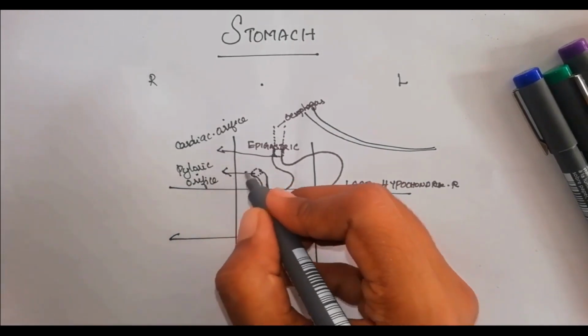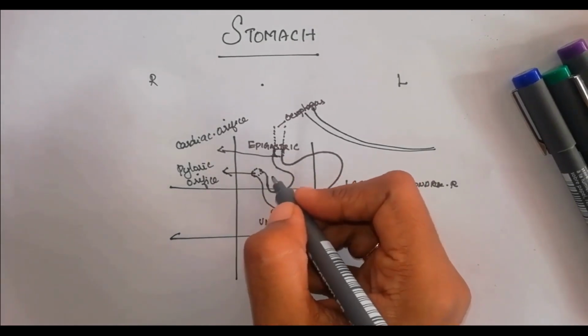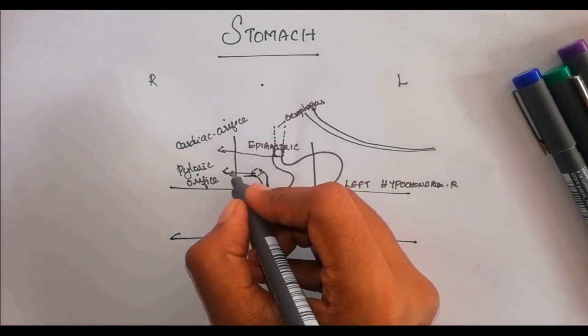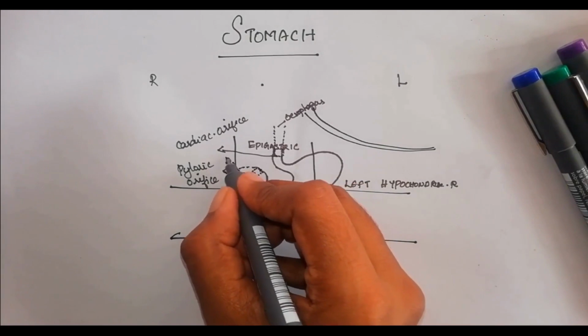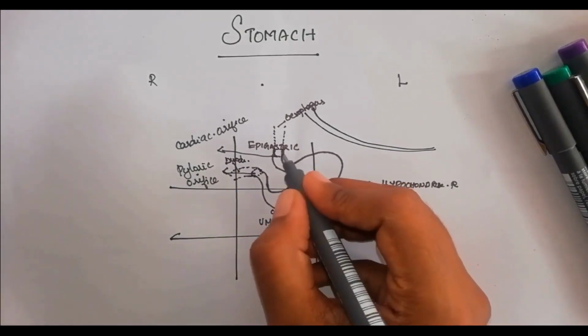So these are the two ends we have in the stomach, as the first part we are dealing with, and this pyloric orifice is going to continue as the duodenum. So it continues as the small intestine, that is the duodenal part. So that's all about the stomach's proximal and distal ends.